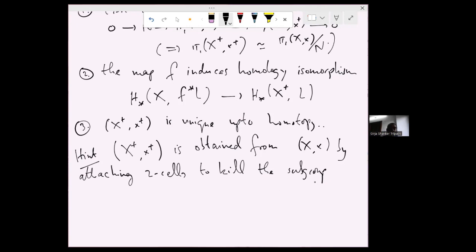So by attaching two cells to kill the subgroup N. Okay. And then whatever you get, you have to again modify a bit to maintain this homology isomorphism, and then uniqueness up to unique homotopy would be okay. So that's the deal with this. So yeah, any questions?